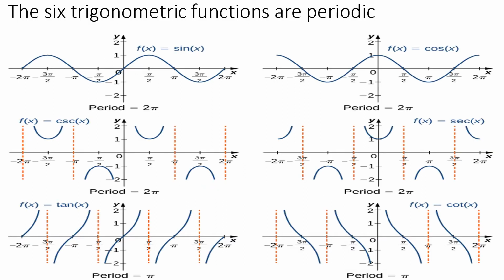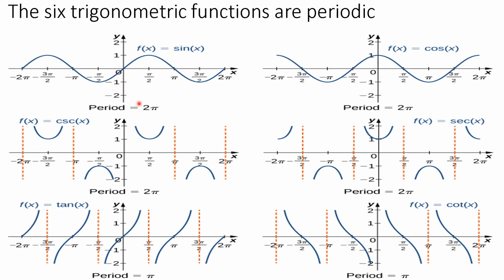Graphs of trigonometric functions. Look at the graph of the six trigonometric functions: sine, cosine, cosecant, secant, tangent and cotangent. On the x-axis are the values of the angles in radians, and the y-axis is f of x, the value of the function at each given angle.